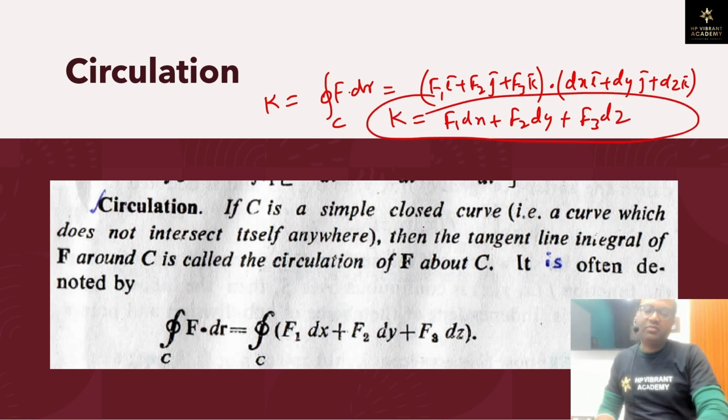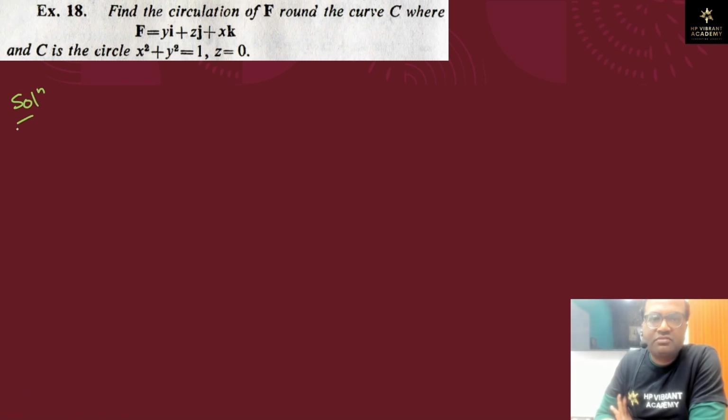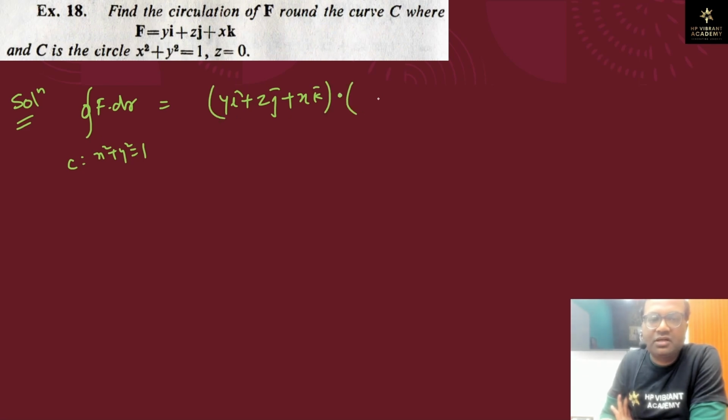So let us solve one problem based on the concept of circulation. We have to find the circulation along the curve C, where C is the circle. The circulation is given by the line integral of f dot dr along the curve C, and C is x square plus y square is equal to 1. Here f is y i cap plus z j cap plus x k cap, dot product with dr. Dr we can write as dx i cap plus dy j cap plus dz k cap.